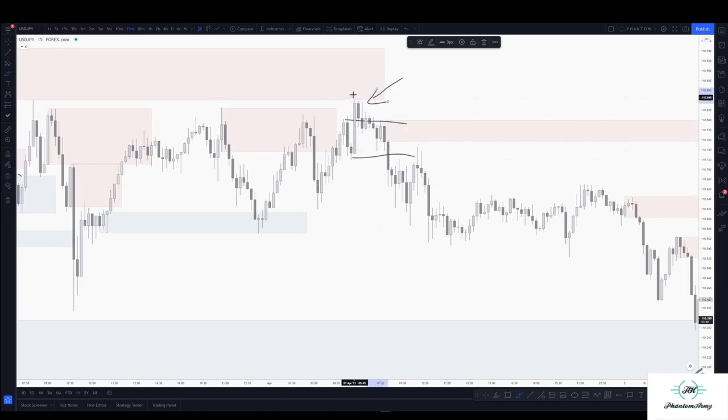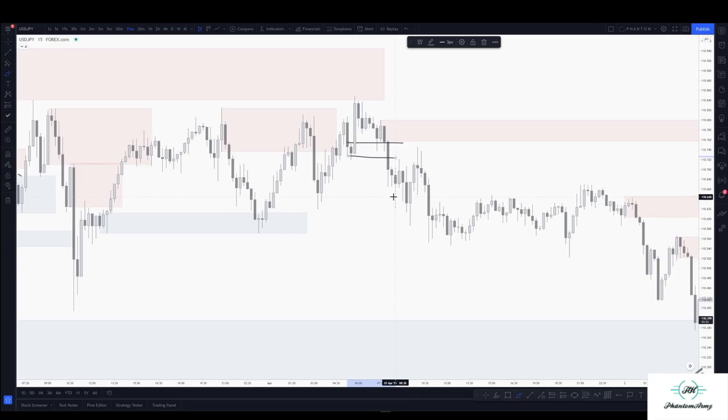We get a nice solid bullish candle, price expands to the upside, but we don't get any follow through. But what we can see is price does begin to react to that demand zone and begins to fall through and creates a downtrend. But again, just touching on that initial comment that I made in the first video, we do and will see reactions to almost every single supply and demand zone that is printed on the chart.